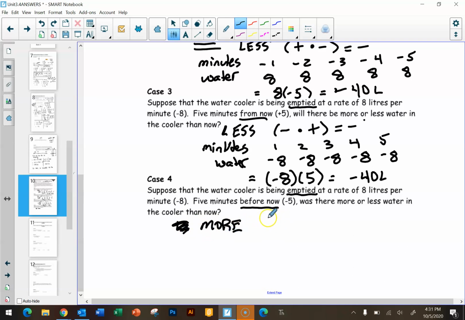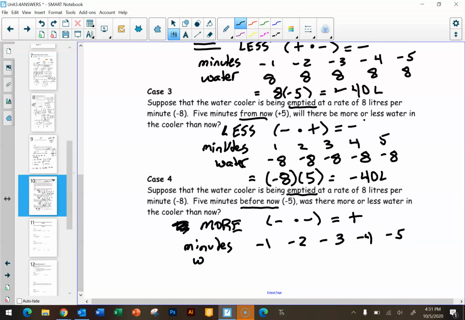And the reason for that is we've got a negative times a negative, and a negative times a negative equals a positive. So let's look at our minutes again. Our minutes were negative 1 minute because it was 1 minute ago, negative 2 minutes, negative 3, negative 4, and negative 5 minutes.